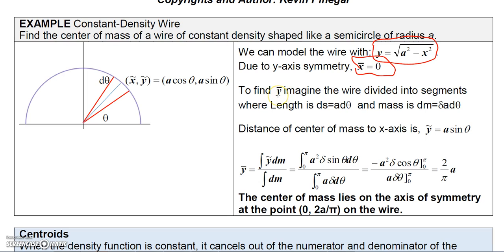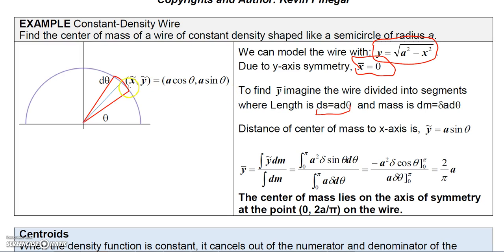Now we're going to approach this a little differently. I want you to imagine the wire divided into these triangular looking segments here, where the length of the segment, from here to here, is ds.